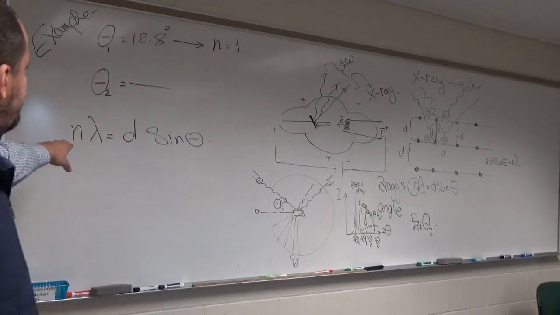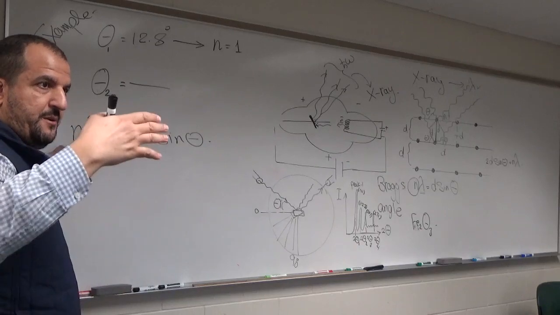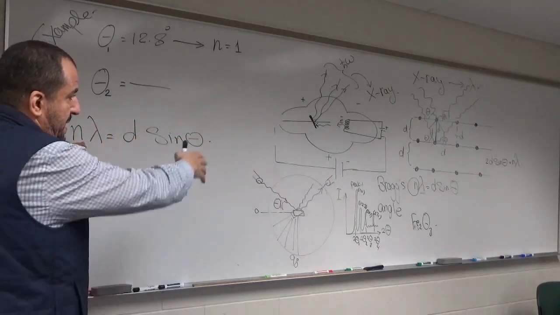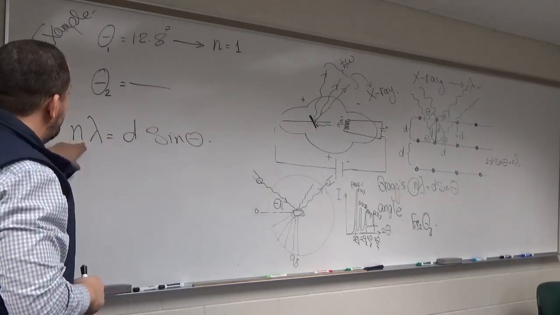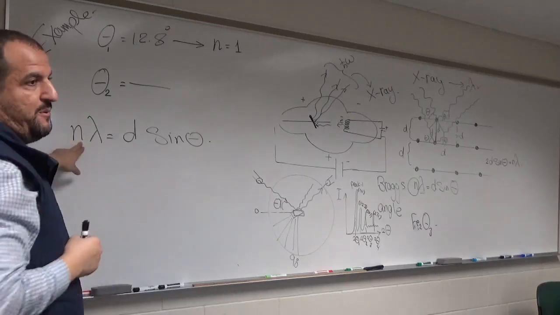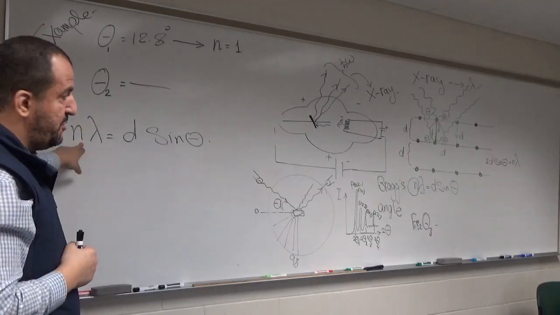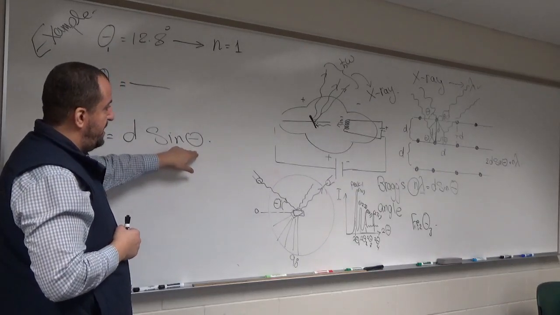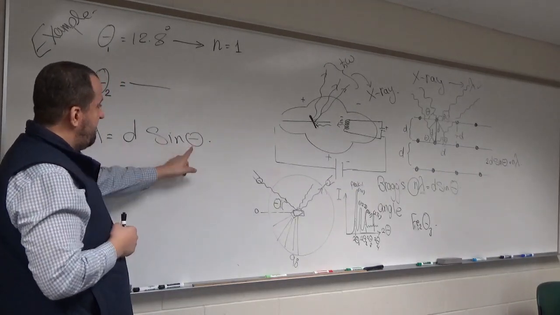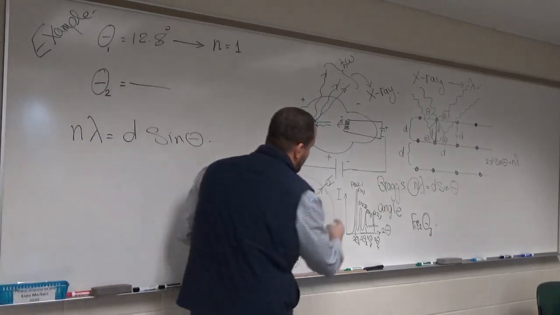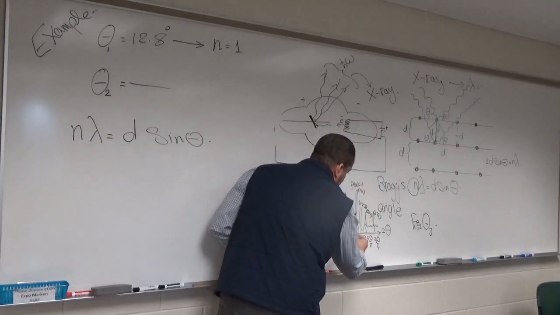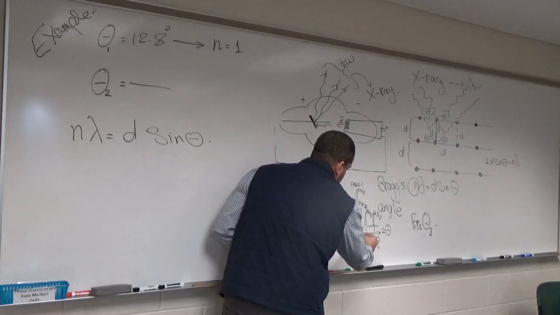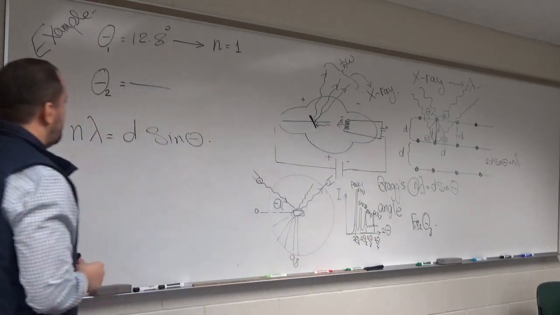You can see that it is possible for n to change. So if we are talking about peak number 1, n is equal to 1, peak number 2, n is equal to 2. So this n should change. Theta also should change, because if n changed, theta should change, because peak number 1 corresponds to theta 1, peak number 2 corresponds to theta 2.